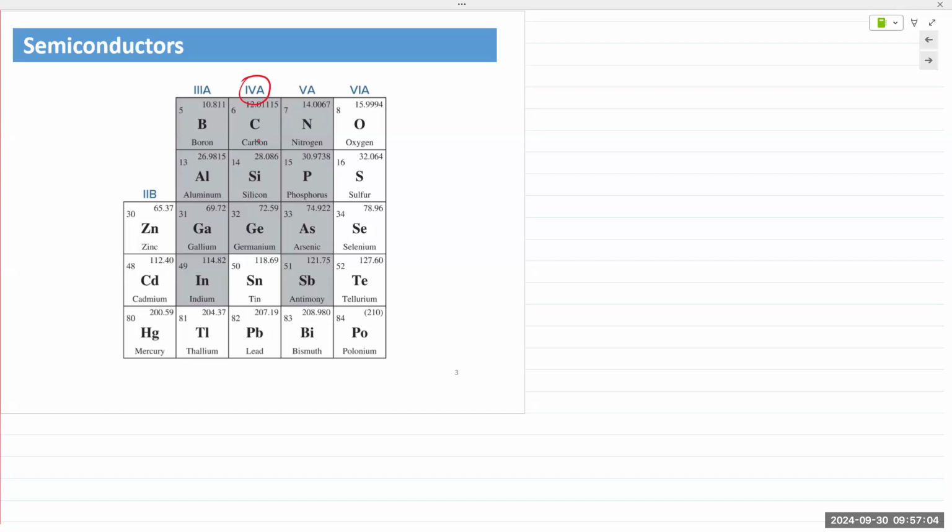And then there are compound semiconductors where you combine elements from different parts of the periodic table to create a semiconductor. So for instance, you combine column 3 and column 5, you get a semiconductor. So aluminum combined with phosphorus gives you aluminum phosphide.